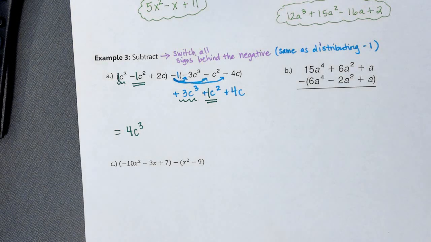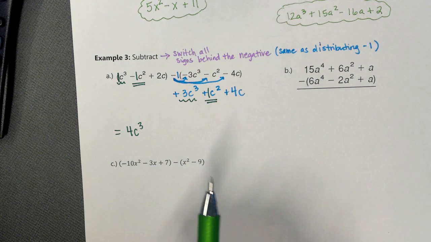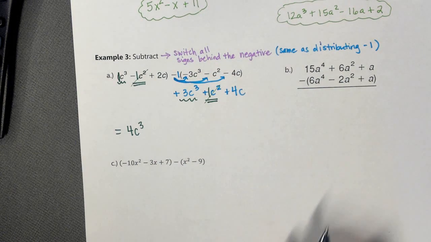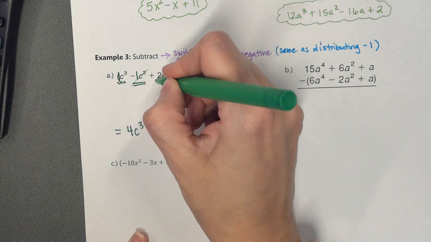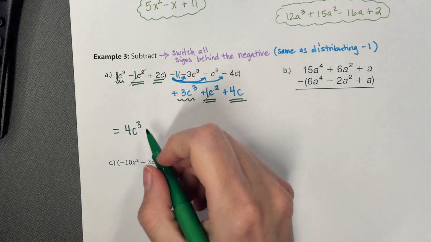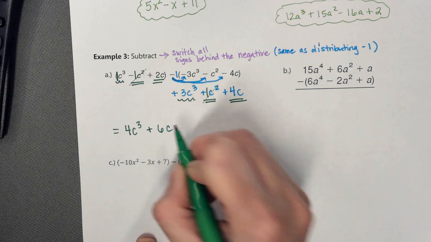What's a -1 plus 1? 0. So if those are 0, you are not going to have that anymore. If you have 0, those are going to cancel out. So you don't even have to write anything down if you get 0. And then the last one, you have 2c plus 4c. So you get 6c.